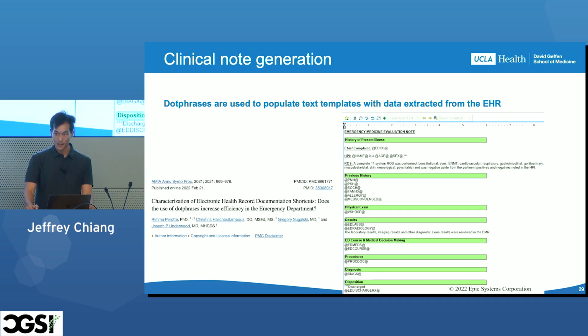So this is pulling information from the chart into a pre-populated text template. If you see 3 asterisks, that's where a clinician might type in their own sentence in natural language. And the thing that jumps out is that the vast majority of this clinical note is actually generated programmatically.